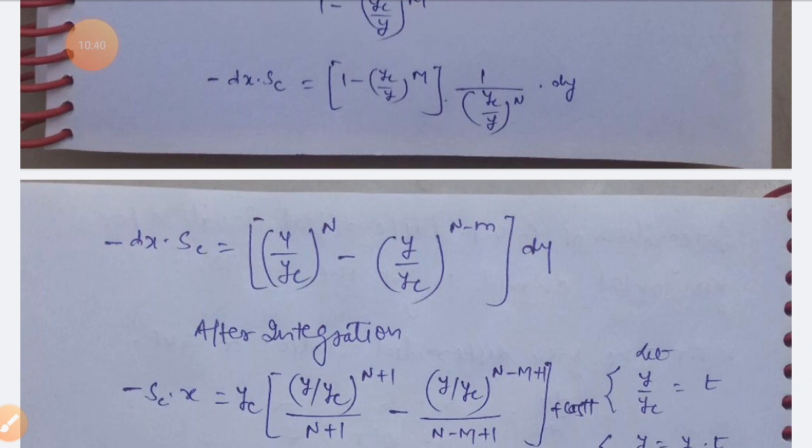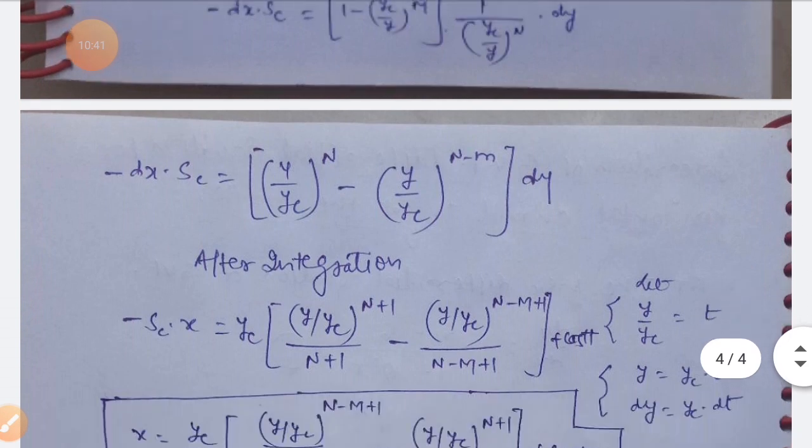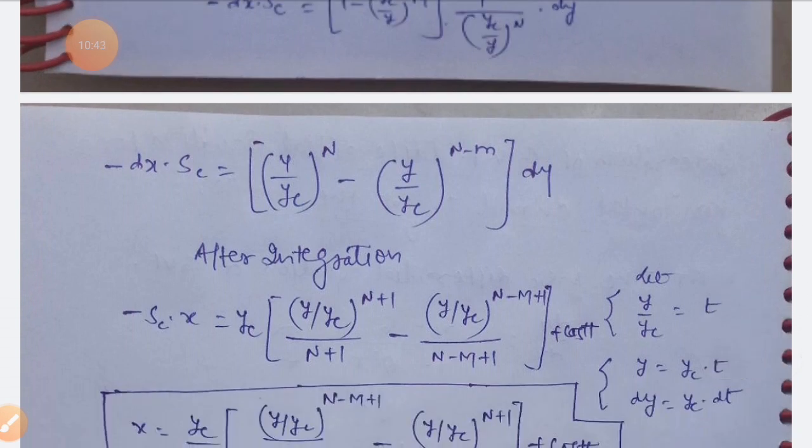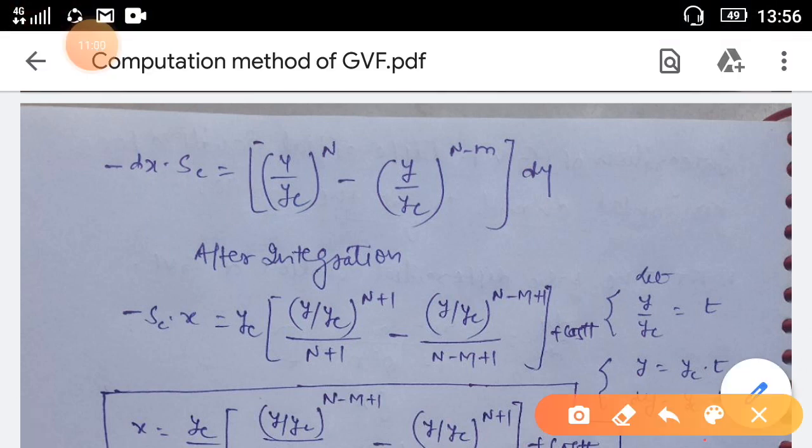Now after the integration we will get minus Sc x is equal to yc in the bracket (y by yc) to the power (n plus 1) upon (n plus 1) minus (y by yc) to the power (n minus m plus 1) upon (n minus m plus 1), plus some integration constant. Now the task is how we can integrate the above equation.